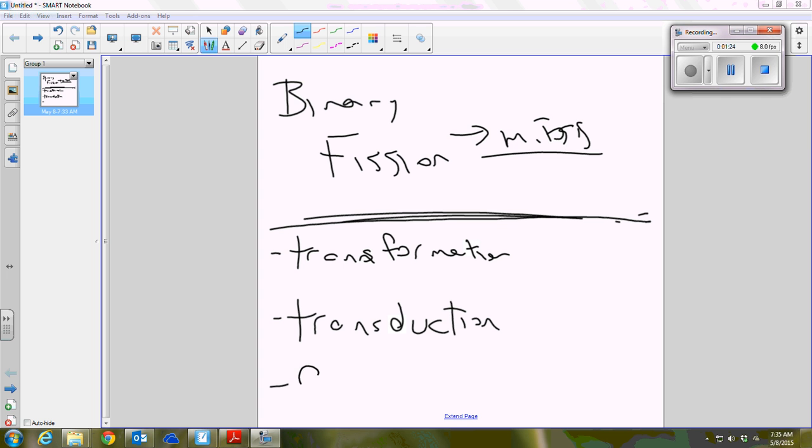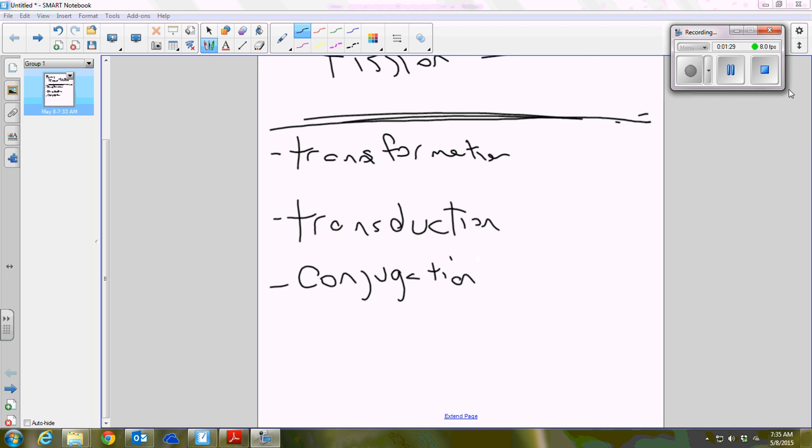And then lastly is conjugation, and this is the idea of basically bacterial sex.